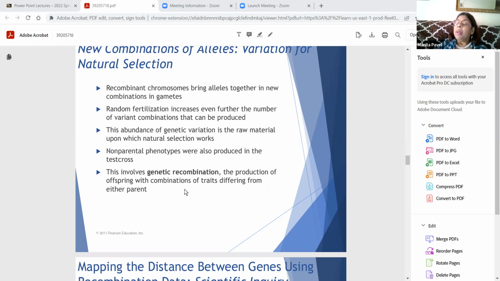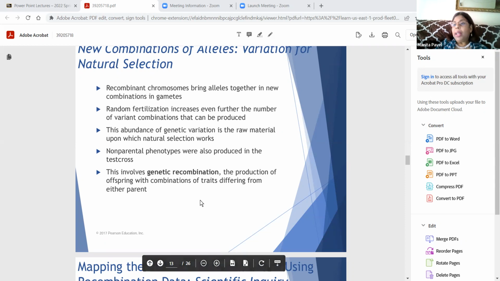Because remember, a gene is a unit of hereditary information that is being transmitted from parent to offspring, from generation to generation. And so you may have inherited a trait from your great-great-grandparents, either from your maternal side or from your paternal side. And this is on account of the genetic recombination that has occurred. So you could have a completely new combination of genes which determine our traits.